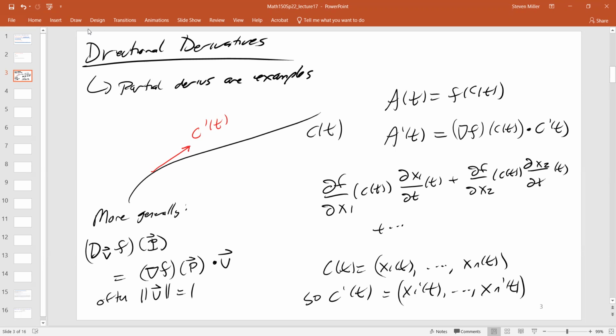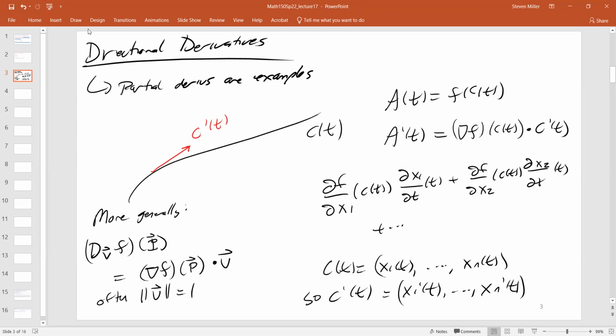So there are many ways to compute the directional derivative. The least favorite is to go back to the definition of the derivative. And this is done in the notes. You look at the limit of f of p plus tv, you're moving a little bit in the direction of v, minus f of p, divided by t times the length of v. So you could do something like that, and you'll see this emerging.